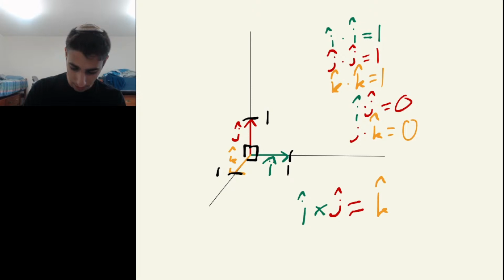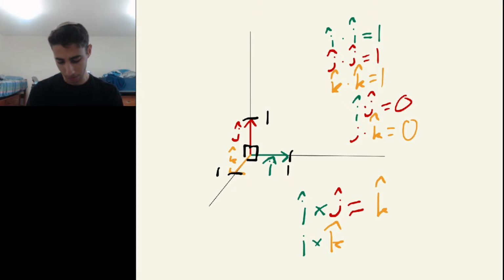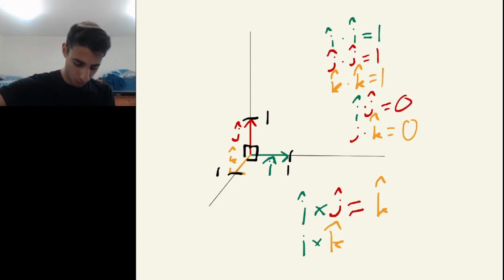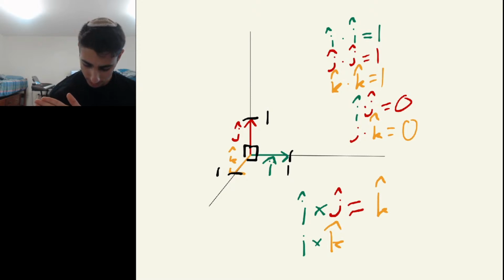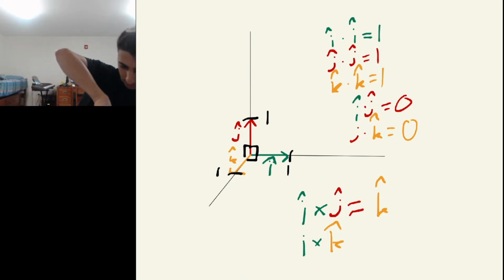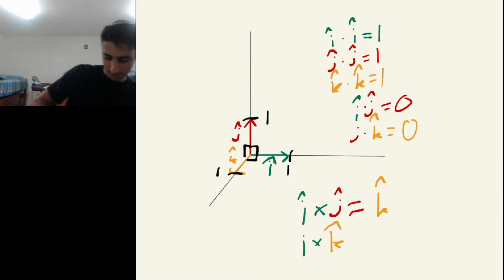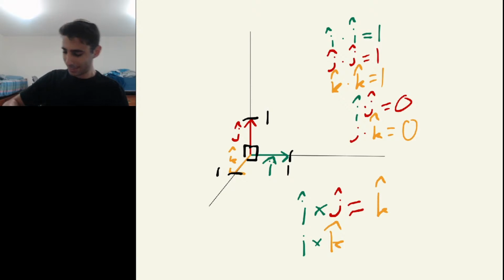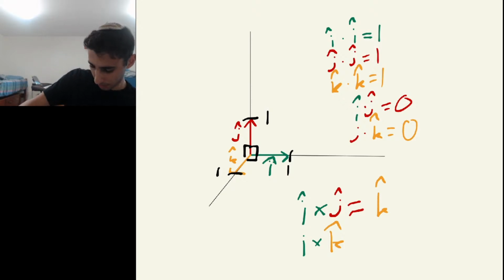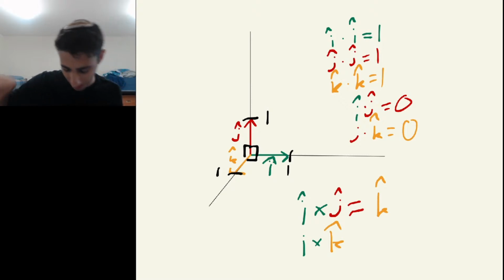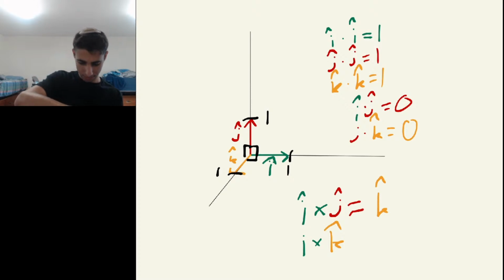And similarly, we could have i cross k. So what would i cross k be? Well, we go on the i, and then we turn our fingers towards the k, which means the thumb is facing down.